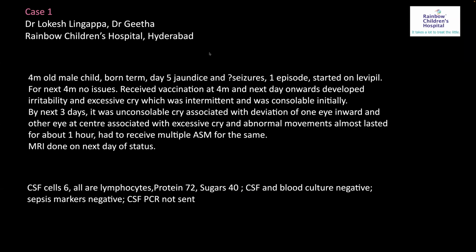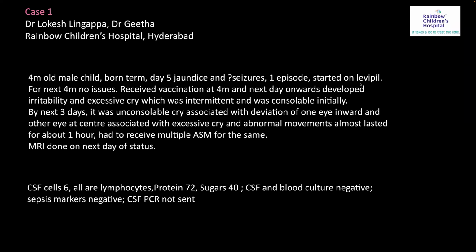By the next 3 days, the cry was more of an unconsolable cry, and there was also deviation of one eye inward and the other eye at the center. That is, disconjugate eye movements were there with excessive cry and abnormal movements. This lasted for about 1 hour, and the child received multiple anti-seizure medications.